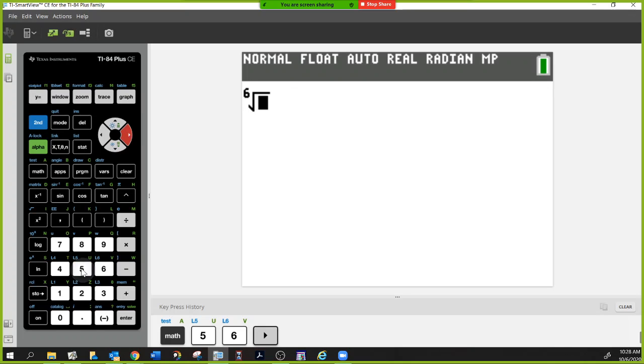Now I could say, what's the 6th root of 5? But there, that's how you use x roots. So you can either use x roots or exponents that are fractions. You can use stacked fractions or side-by-side fractions. Either way, you just make sure that you are adept with your calculator technology.